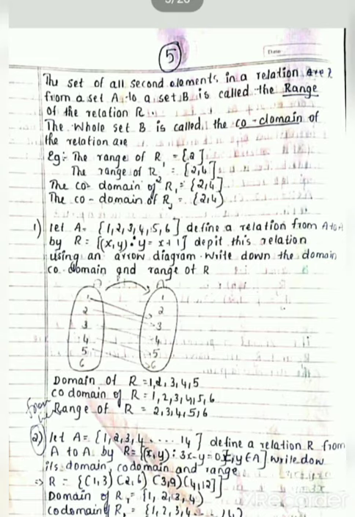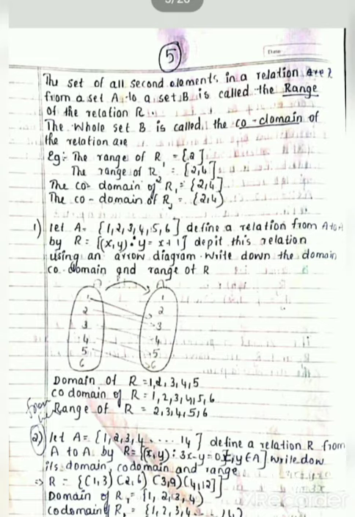Third element 3: y should be 3 times 3, that is 9. Next, take 4: 3 times 4 is 12. Next comes 5. 3 times 5 is 15. 15 is not in the set, so (5, 15) is not included in our relation.